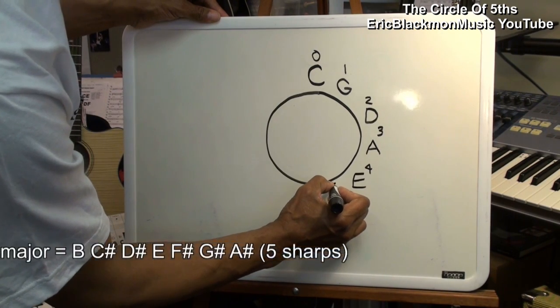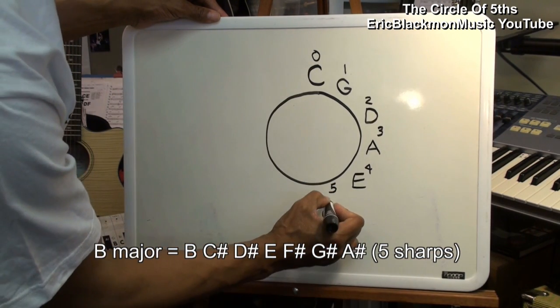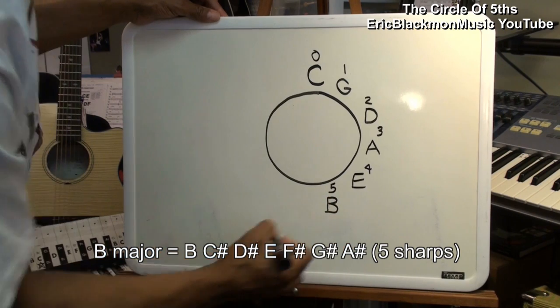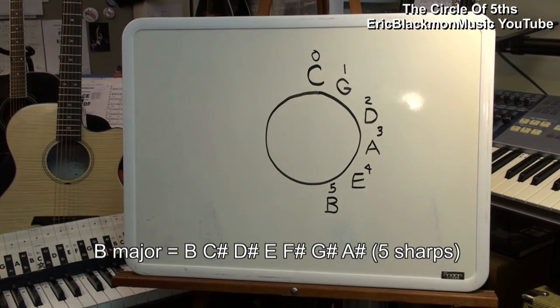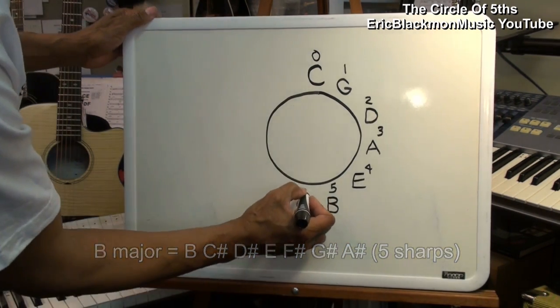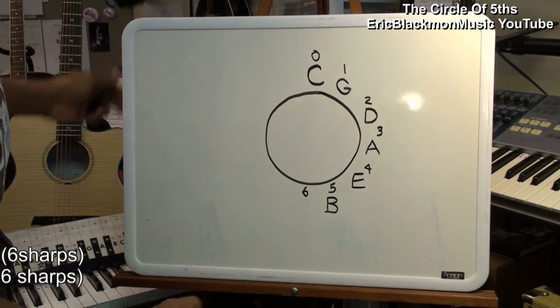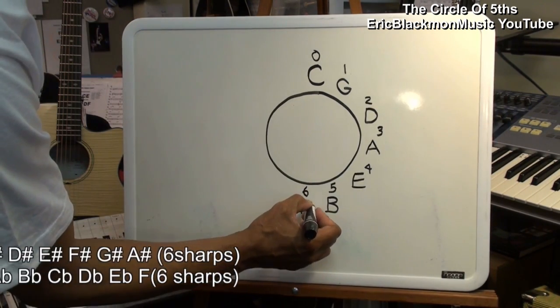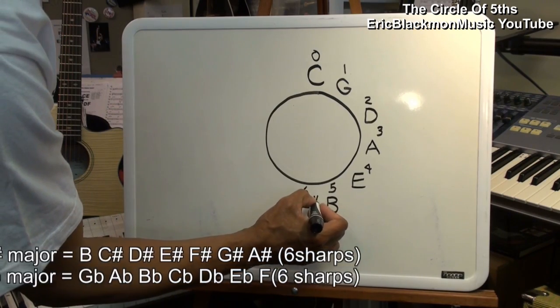When we go to 5, we'll get B major, 6 sharps, and we'll have F sharp major.